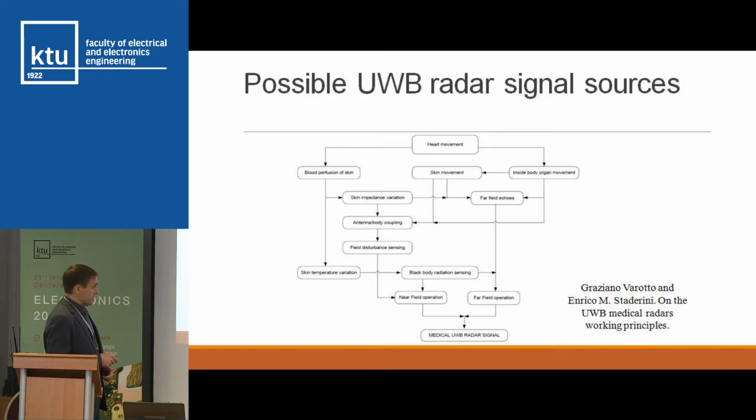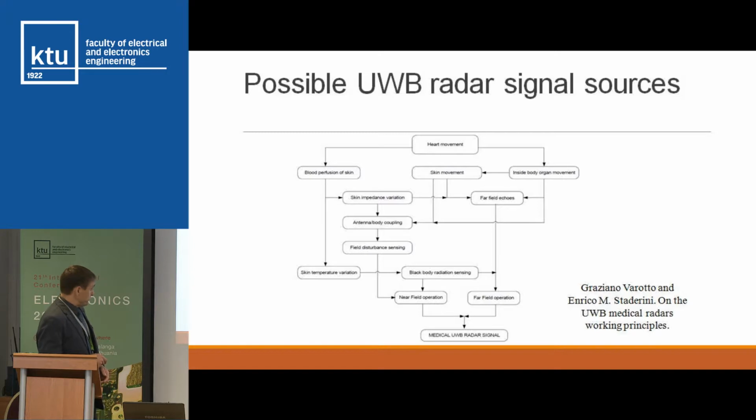Another possibility is inside body organ movement, which will lead to skin movement. So there is a possibility that we are actually not measuring the heart itself, but movement of the chest, which means that is purely mechanical movement.